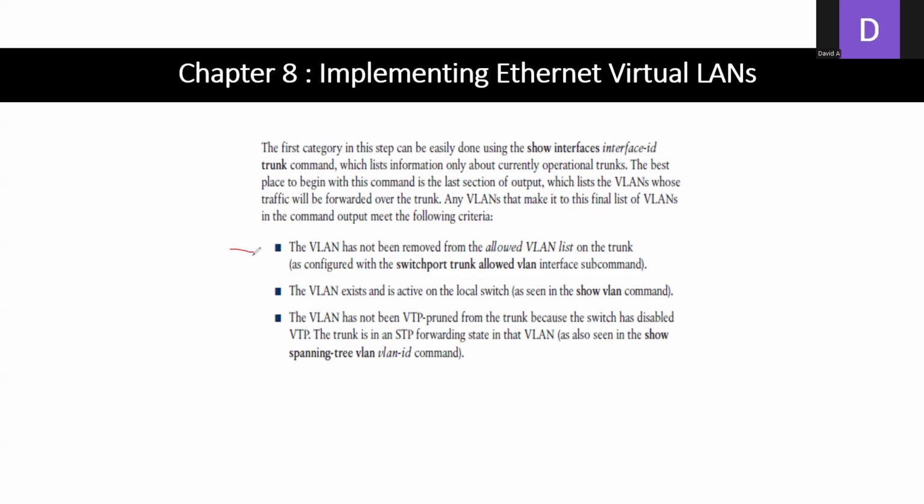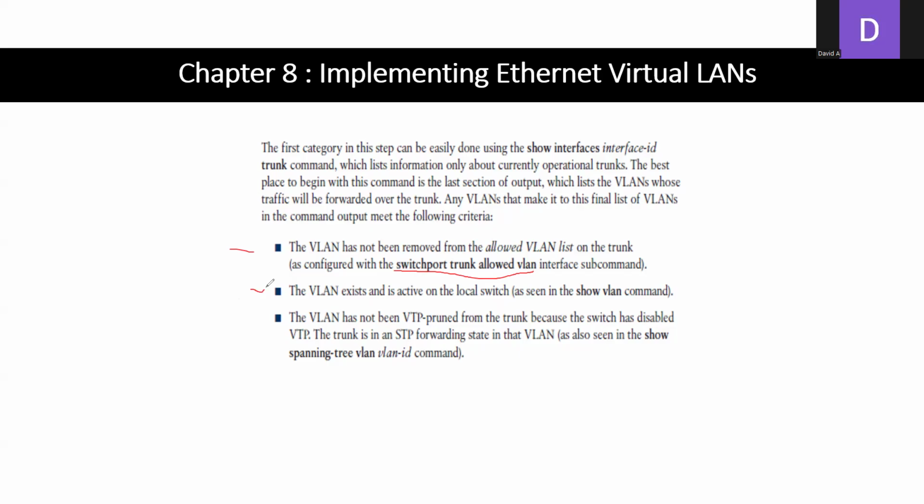We could have sworn it's not supposed to be. Well, it's in the allowed list. We didn't explicitly configure on the trunk what's allowed and what's not allowed to traverse the trunk. As you can see, the command to do that is switchport trunk allowed vlan. Second, the VLAN exists and is active on the local switch.